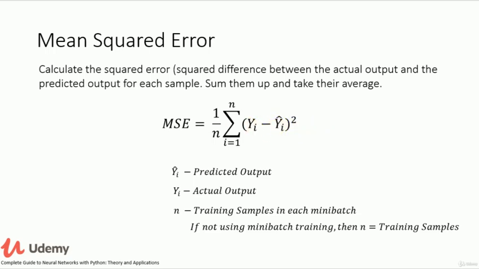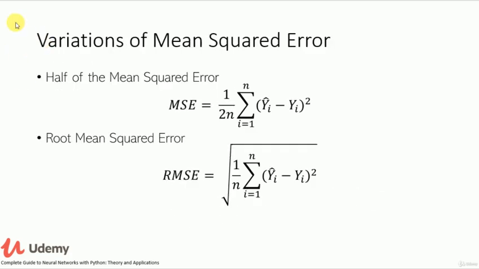Now let's talk about some variations of the mean squared error. Sometimes people use half of the mean squared error. This is the one that we saw in the first section of this course when we discussed backpropagation. The purpose of putting a 2 here is that during the application of the chain rule in backpropagation, we are deriving the error with respect to the weight, so first the error with respect to the output.